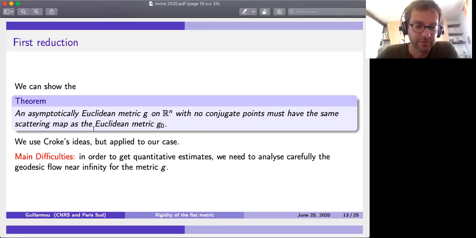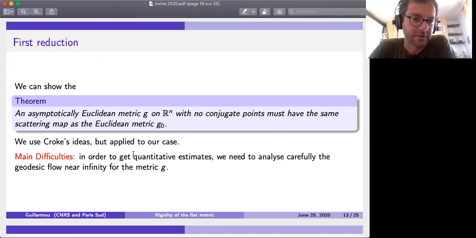Then we will use the fact that having the same scattering map tells us something about the metric. For this, we use the idea which is in the paper of Croke. Remember I said Croke proved the same result as what we did, but for compact perturbation. We apply it to our case. It's roughly the same type of argument, except that because we are not in a compact perturbation case, there are a lot of quantitative estimates to do.